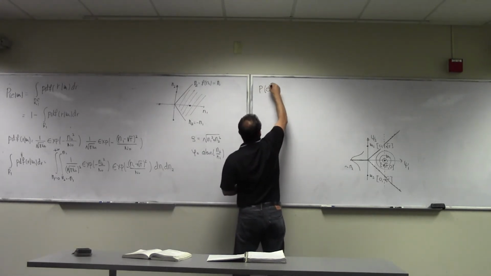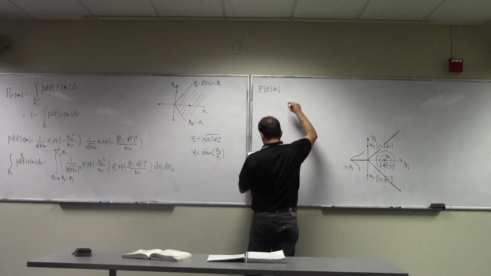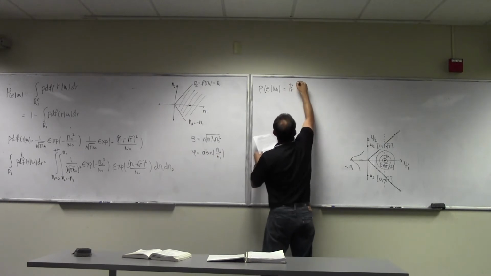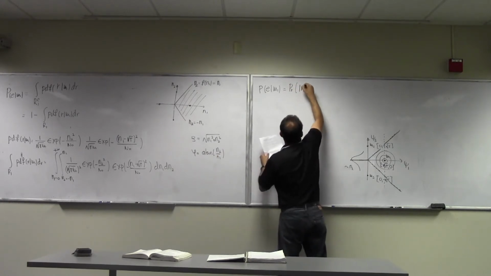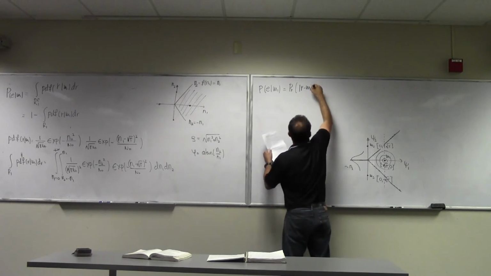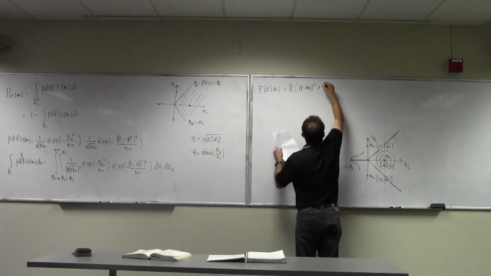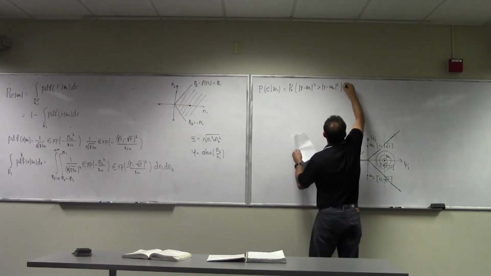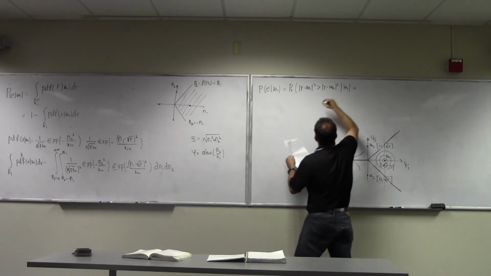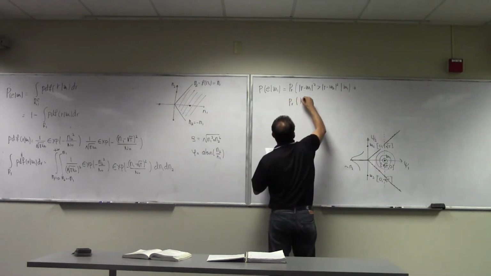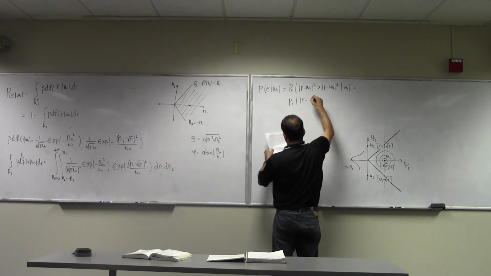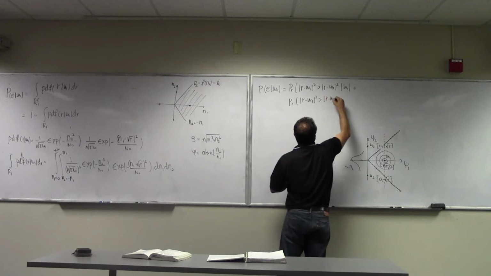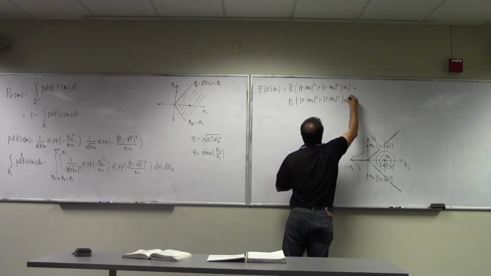Here's what he said. The probability of error, given that M1 is sent, is going to be equal to the probability that (R - M1)^2 is greater than (R - M2)^2 given M1, plus the probability of (R - M1)^2 greater than (R - M3)^2 given that M1 is sent.